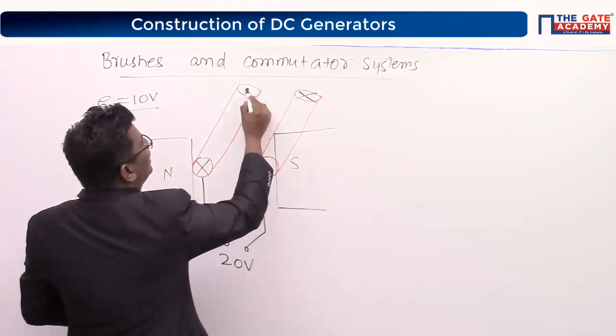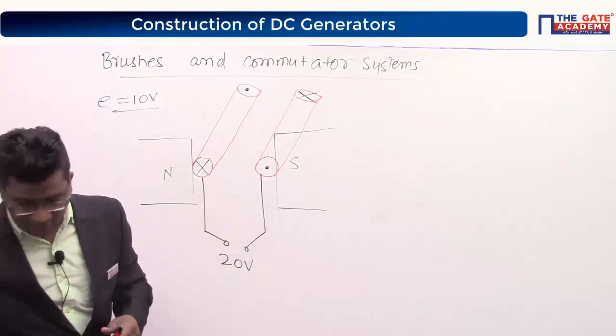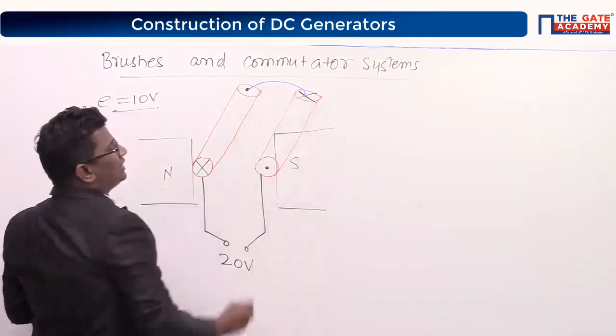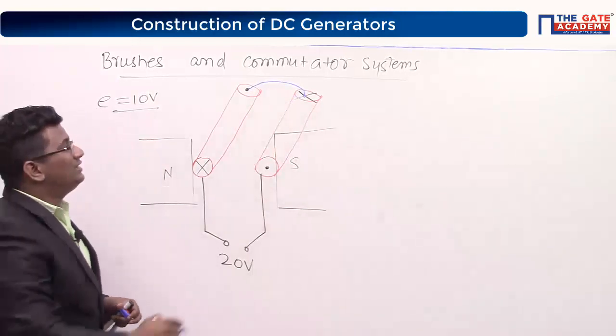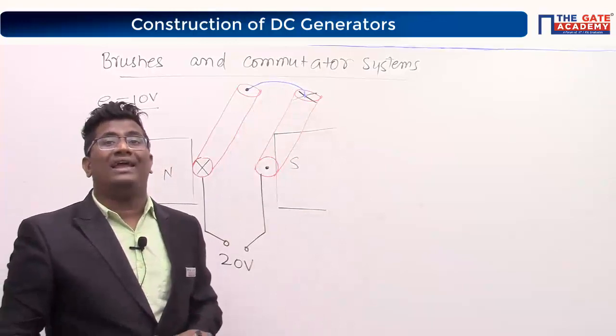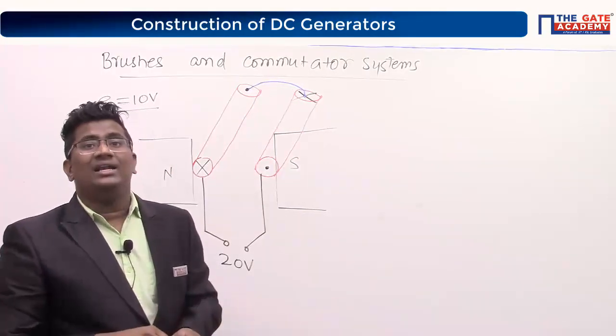If these two ends are connected together like this, this connection is called overhang connection or end connection.